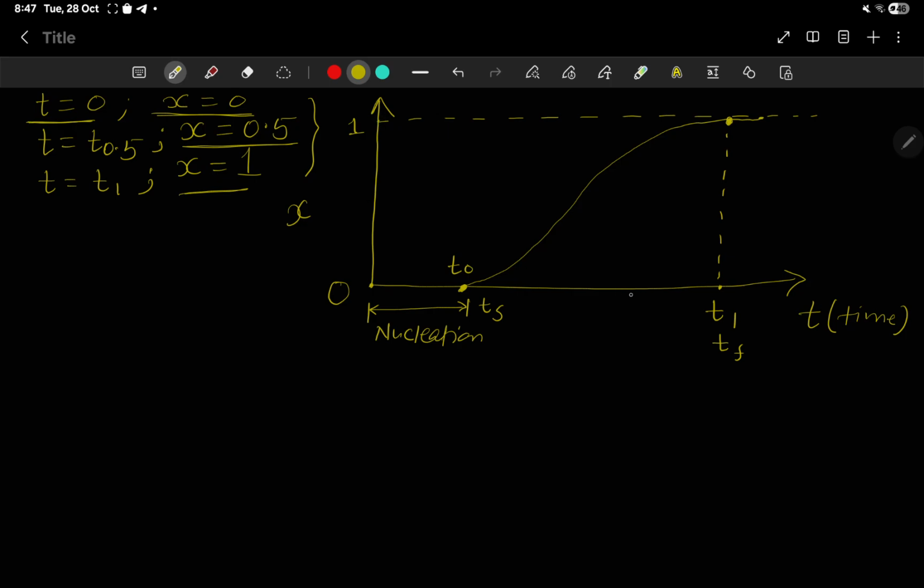At x equals 0.5, we will get time as t equals t0.5, and vice versa, at t equals t0.5, we will get fraction of transformation as 0.5. Okay, now let's try to draw another curve.